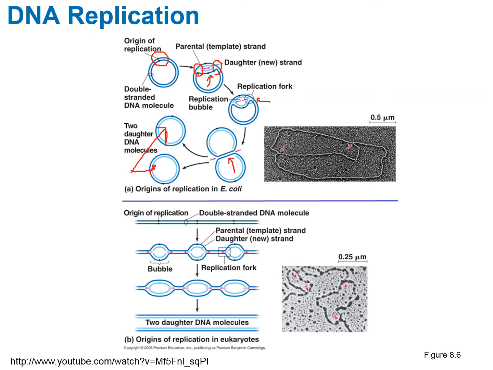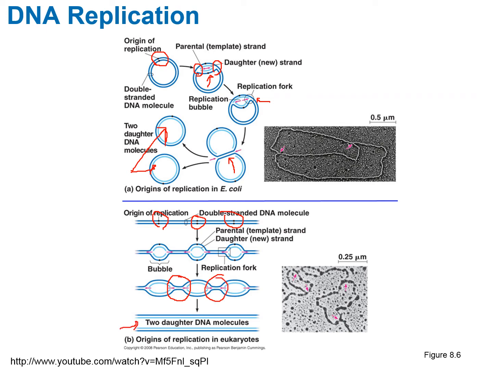In any case, there will be multiple origins of replication along the eukaryotic chromosome, and replication bubbles can form at each of those origins of replication. Then, kind of like what we saw with the prokaryotes, replication proceeds in opposite directions along the chromosome until eventually our replication bubbles meet each other and have to fuse together, producing two daughter strands of DNA.